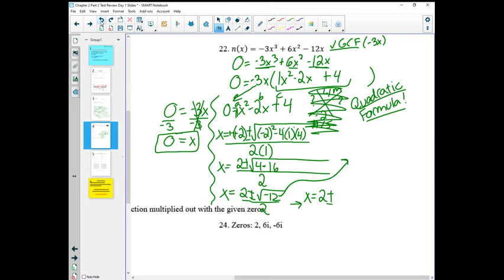Let's come up here and simplify that out. To break down 12, I'm going to use the prime factorization we talked about in class. Two factors that multiply to make 12 are 6 and 2. 2 is prime, so I'm not going to break that one down, but 6 we can break down into 3 and 2.